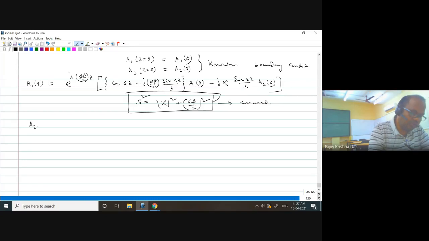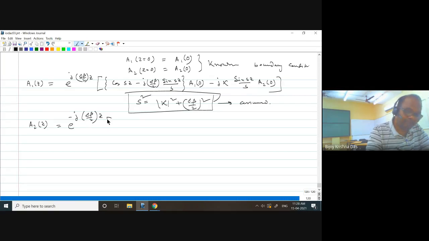So A2Z, similarly, once you get A1Z, you will be able to solve A2Z also. And A2Z can be written as, same thing, just minus delta beta by 2, because they are almost complementary. I will explain that.